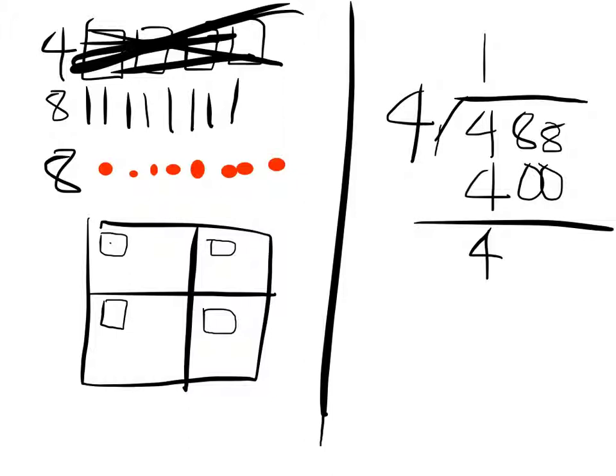Since there's nothing left, you could just say there was nothing left. So put a 0 there, and since you're carrying these two down like that, you would write 88 right there, because you still have to calculate those two.